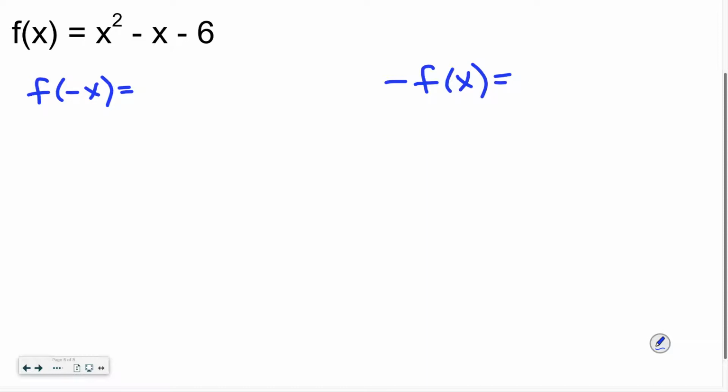I'm not asking you to write a proof with words and all that stuff. Just do some algebra so we can tell that that's happening. Here again, we have a quadratic. Let's see if it's even or odd or neither. As I suggested last time, let's start with f of negative x because both definitions rely on it.